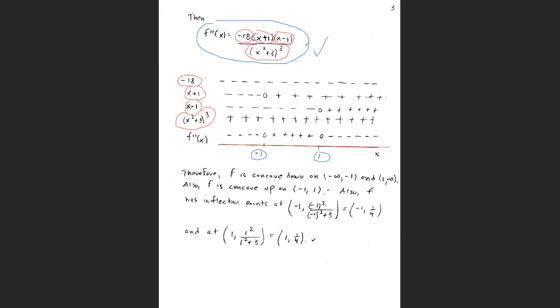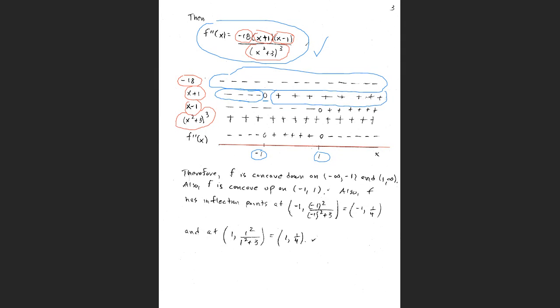I make my chart. For all values of x, -18 is always negative. X plus 1 will be positive when x is greater than -1. But x plus 1 will be negative when x is less than -1. And of course, we know that x plus 1 is 0 when x equals -1.